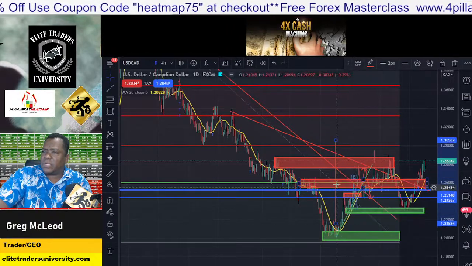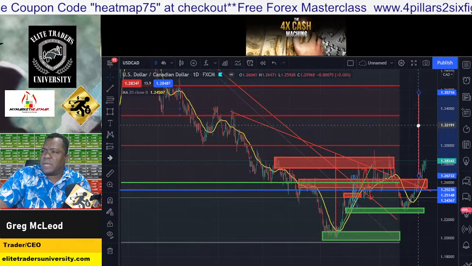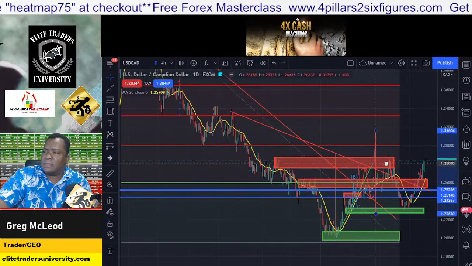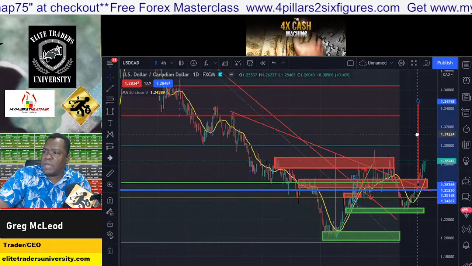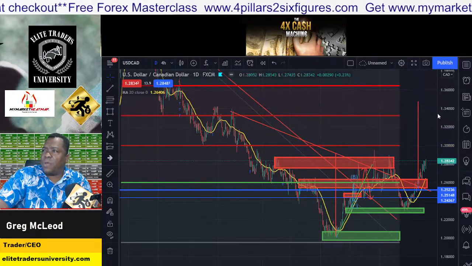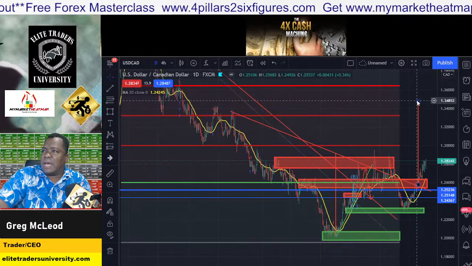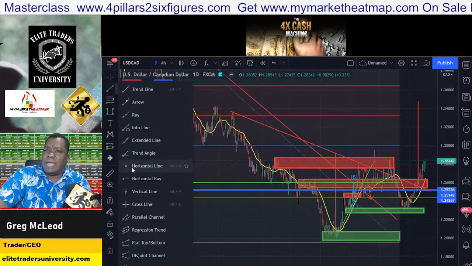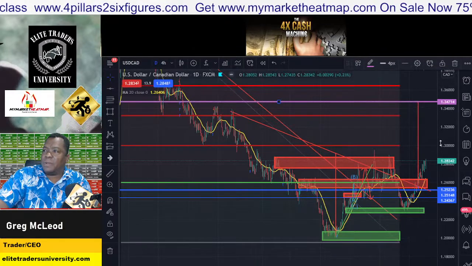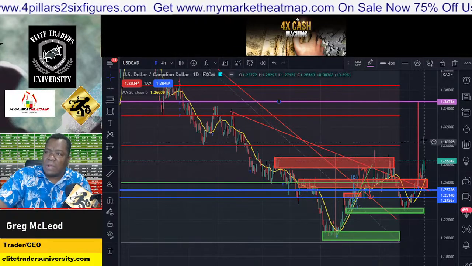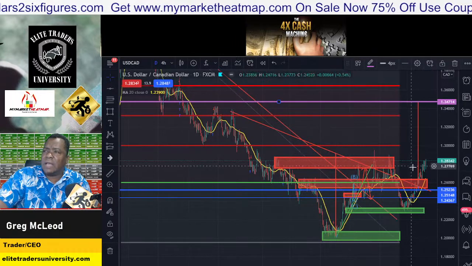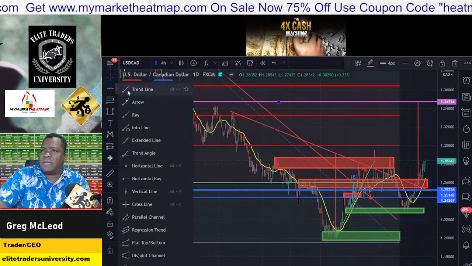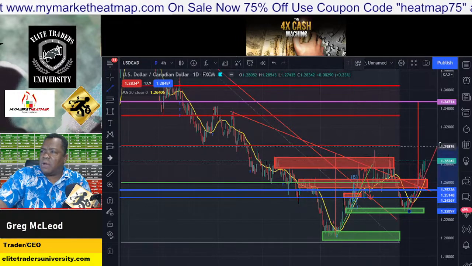And I'm going to clone this like a sheep. We can take the projection from the bottom of the head to the neckline, and project it from the breakout point. We get something like 134.85. Now it's not going to get there overnight, and I'll probably be in and out of it down here somewhere several times and not hold it all the way up to here because I scalp. All I need is 4 or 5 ticks on this, and I know I got an uptrend.